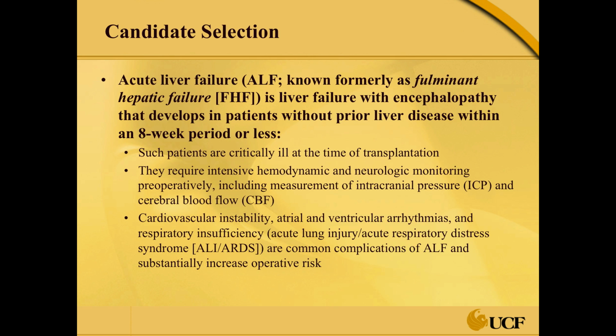So if a person has no history that we know of liver problems, and then all of a sudden they develop encephalopathy within 8 weeks in the picture of liver failure, then they are diagnosed with acute liver failure. So that encephalopathic presentation becomes vital in the diagnostic picture, all right?